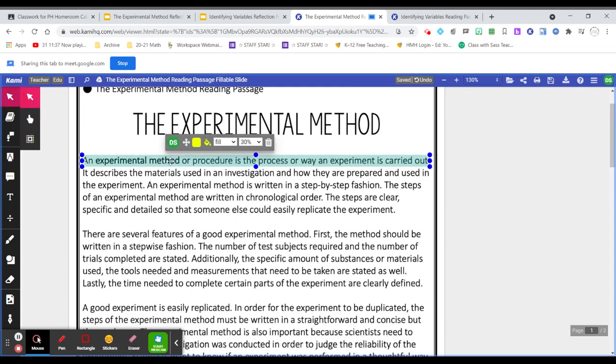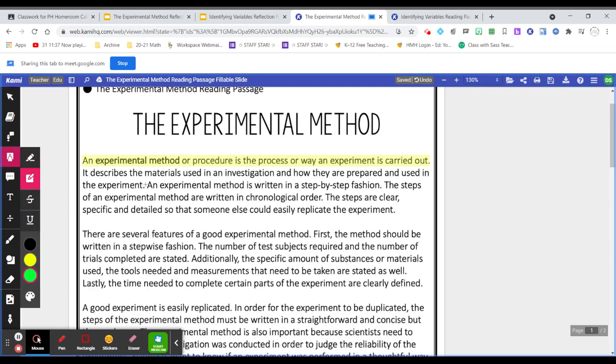So what we're going to be talking about is the way that you guys will be carrying out an experiment. So what it does is it describes the materials used in an investigation and how they are prepared and used in an experiment. An experimental method is written in a step-by-step fashion.